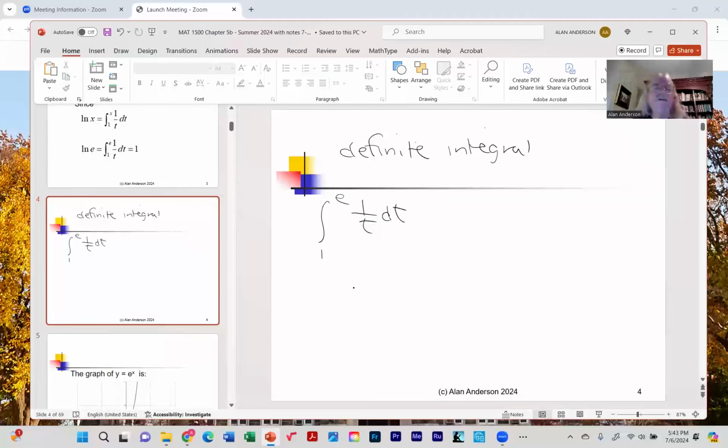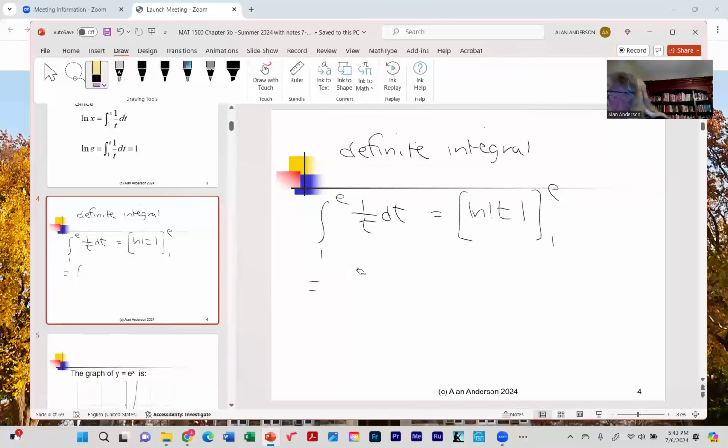And if you recall that this is nothing but the log of the absolute value of t, we don't need the constant c because this is a definite integral, and we evaluate this over the range from 1 to e. Okay, so we end up with log absolute e minus log absolute 1. We don't need the absolute values here because these are clearly positive values.